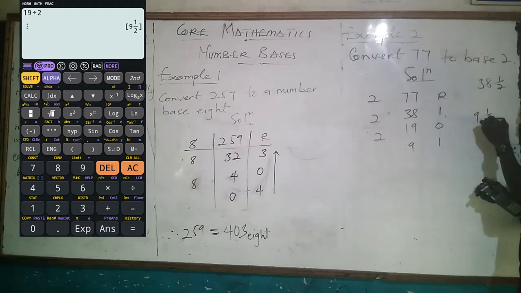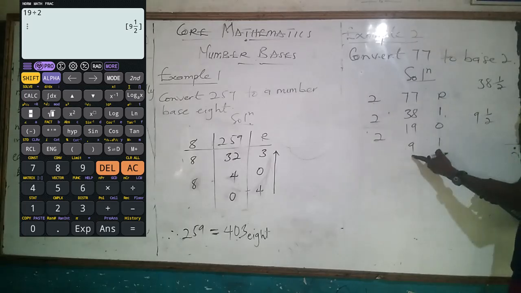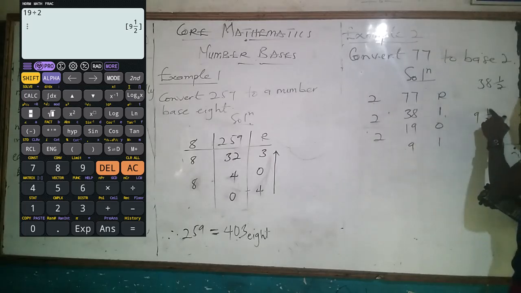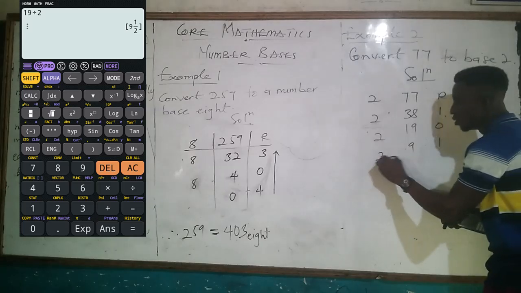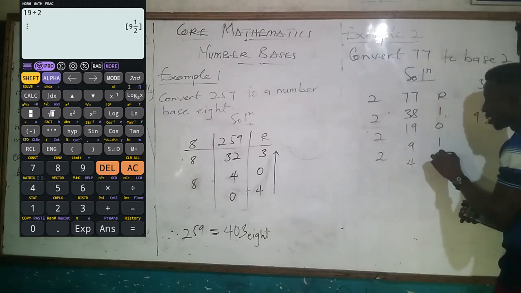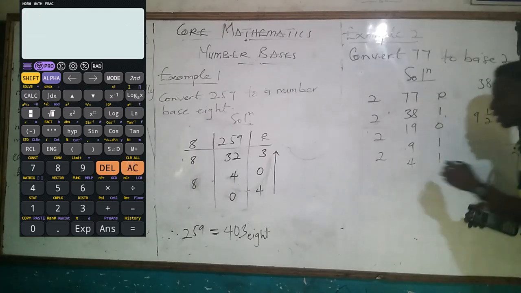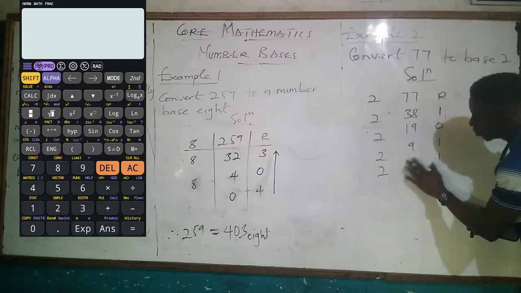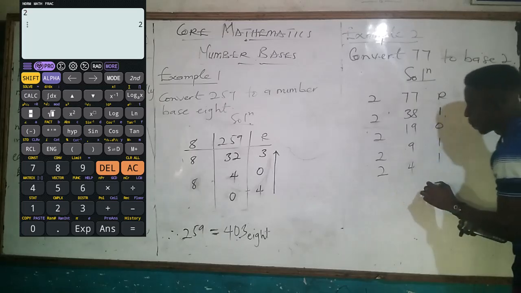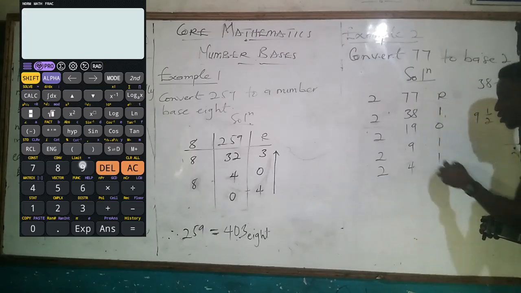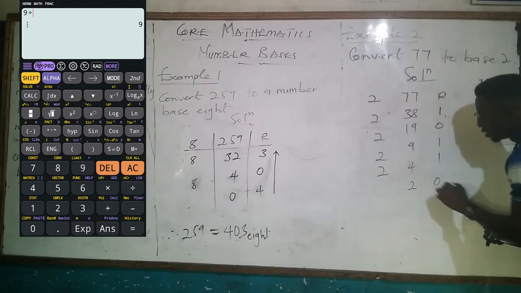So I'll have 9. So remember 1. Then 2 into 9, I'll have 4 remainder 1. If you put it, you're going to get 4 whole number 1 on 2. Then I'll have 2 into 4, and that one too is getting you 2 remainder 0.